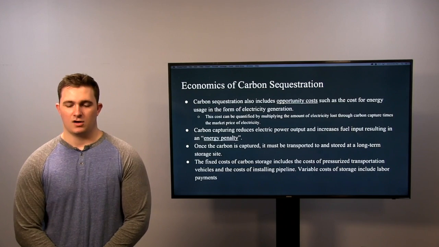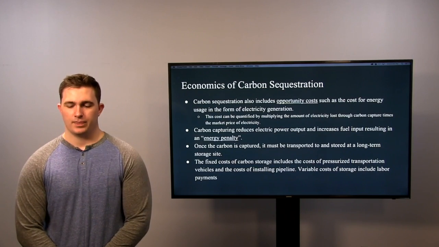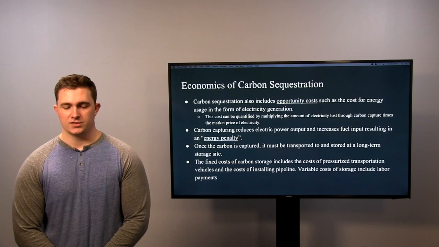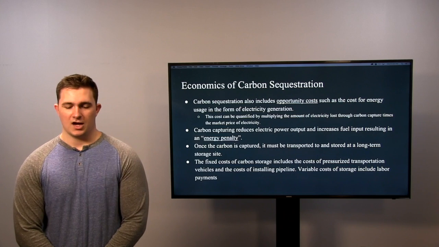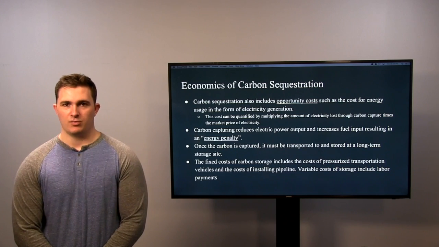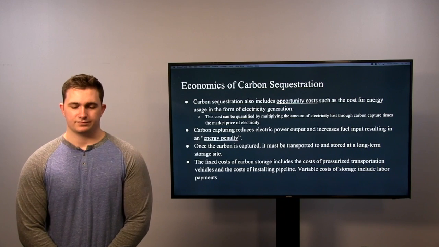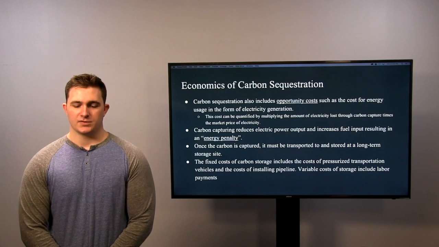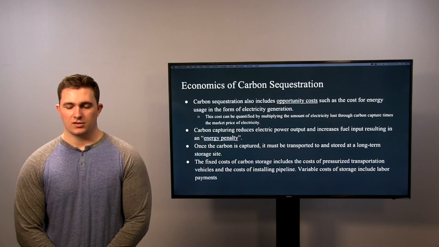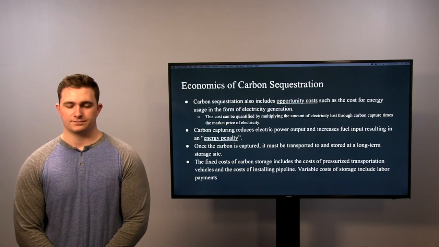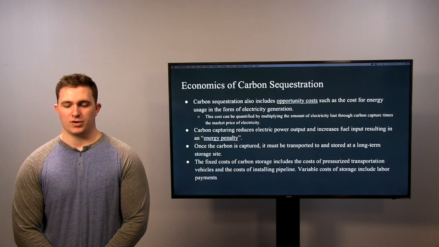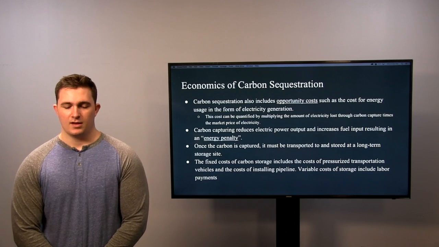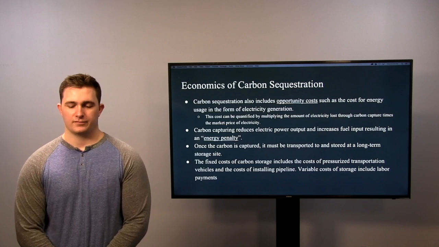Carbon sequestration also includes opportunity costs, such as the cost of energy used in the form of electricity generation. Carbon capturing reduces electric power output and increases fuel input, resulting in an energy penalty. Once the carbon is captured, it must be transported to and stored at a long-term storage site. The fixed cost of carbon storage includes the cost of pressurized transportation vehicles and the cost of installing the pipeline.